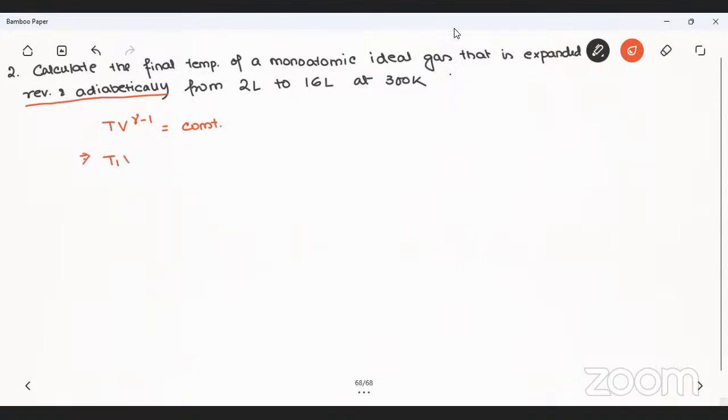T1 V1 to the power gamma minus 1 is equivalent to T2 V2 to the power gamma minus 1. And monoatomic gas. What is the value of gamma for monoatomic gas? 5 by 3. In yesterday's class, we did it. Right. What is T1?